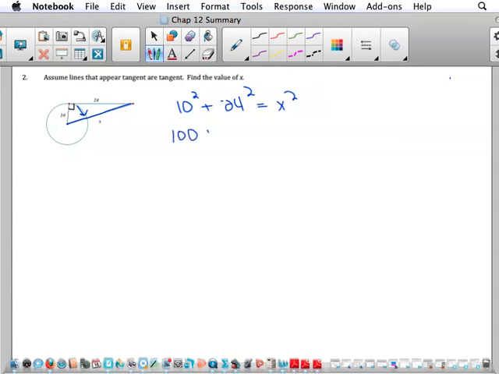So 100 plus 576 is equal to x squared. So 676 equals x squared. The square root of 676 is 26. So x is equal to 26.